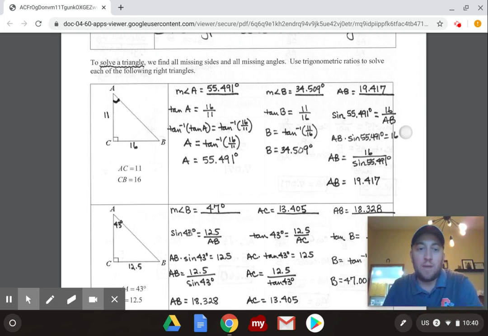And if I'm typically just working with solving a triangle, I want to be in degrees and not radians. So if you're using a TI-83, you just hit the mode button, and one of those options is degrees or radians, and you just need to make sure degrees is highlighted. And then you can go back and solve for that.